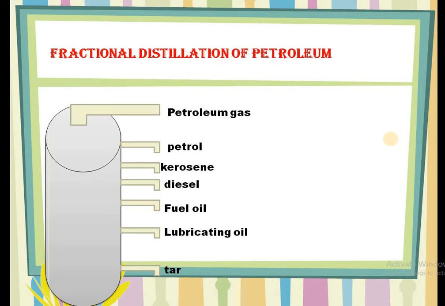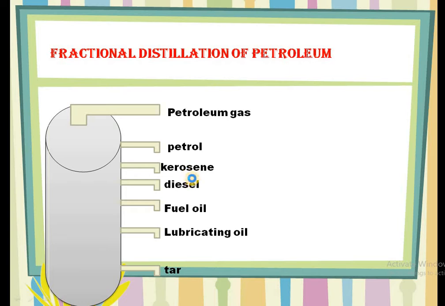Distillation separates crude oil into a variety of groups by boiling them until they vaporize, because the different constituents have different boiling points. At each temperature, a number of hydrocarbons become liquid and get separated. These are known as fractions. Hence, this process is known as fractional distillation.